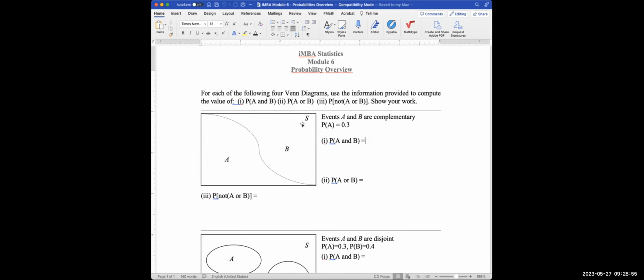And the only possible outcomes are either A or B, and they have a relationship. What is the relationship between A and B?